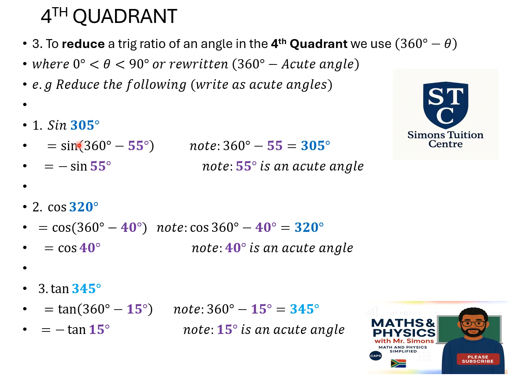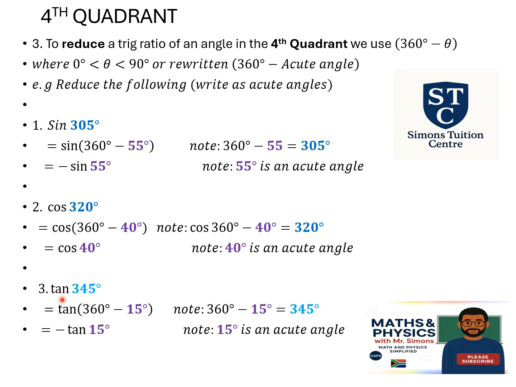But in the fourth quadrant, sine is negative, so it becomes negative sine 55 degrees. Cos 320 degrees: 320 falls between 270 and 360, so it's in the fourth quadrant. So 360 minus 40 gives me 320. If I reduce in the fourth quadrant, cos is positive, so it becomes cos 40 degrees.